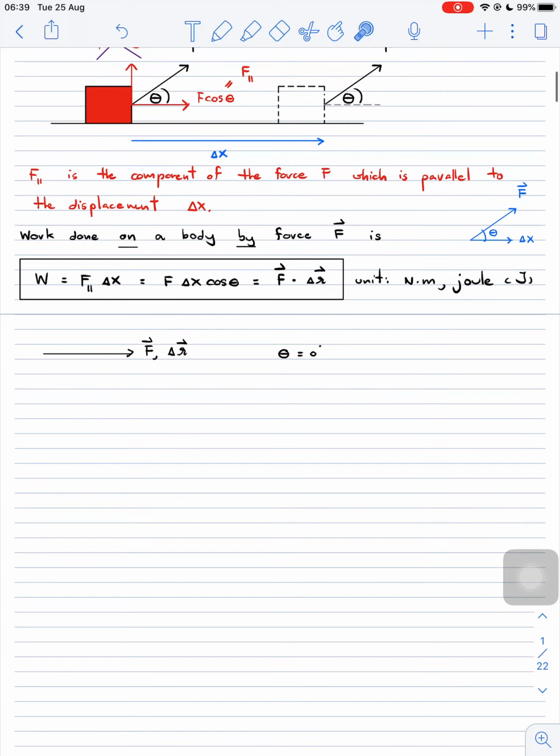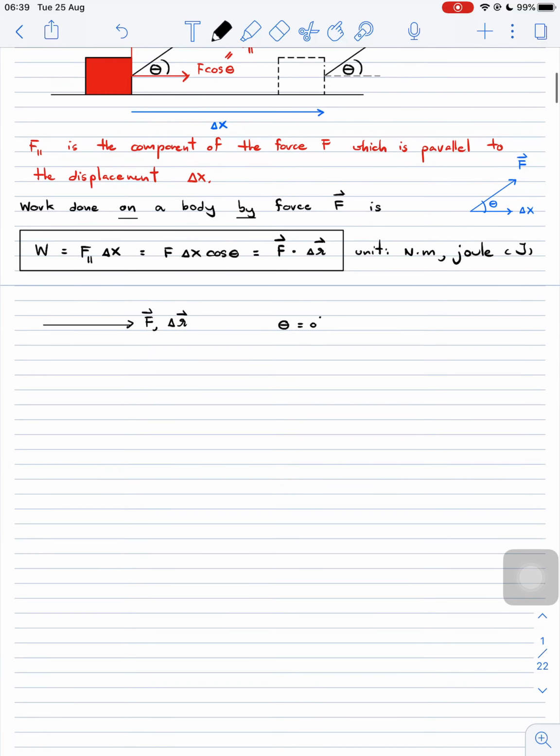In this case, cosine 0 equals 1. It means that the work done must be positive.